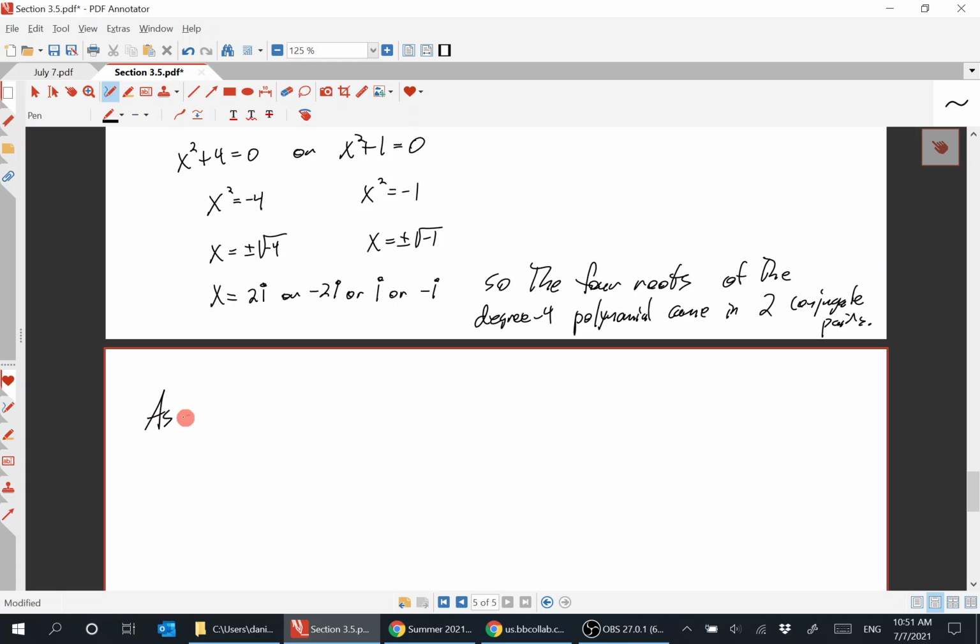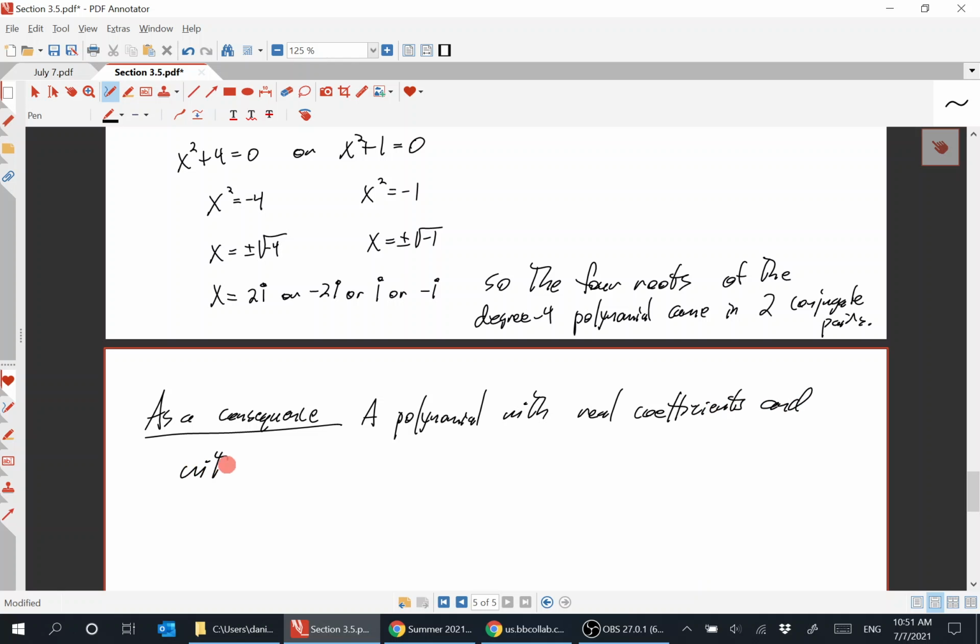So as a consequence, a polynomial with real coefficients and with odd degree must have at least one real root.